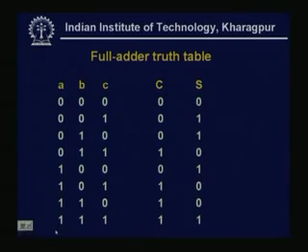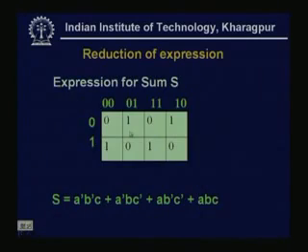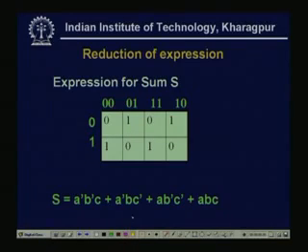So, I give this A and this B, actually this should be A, B, C. There are 3 inputs.